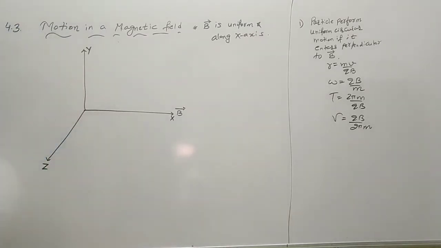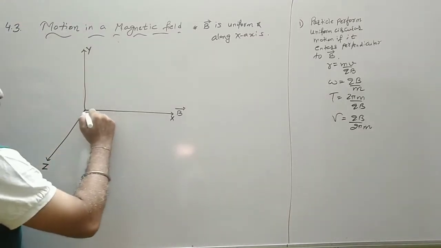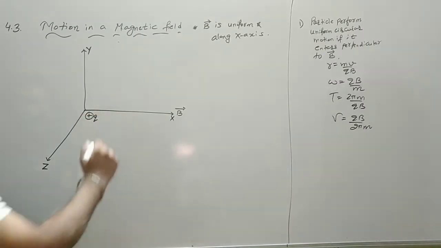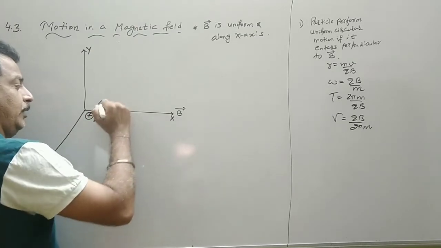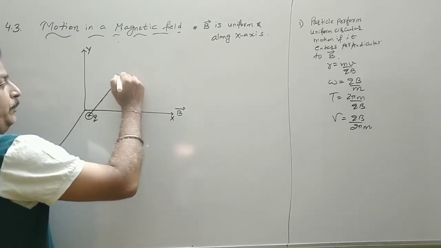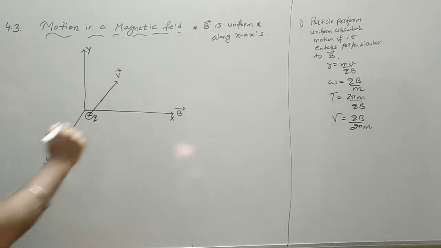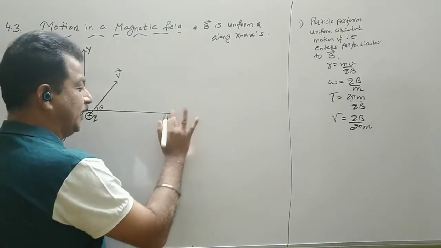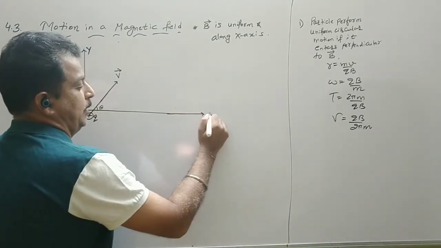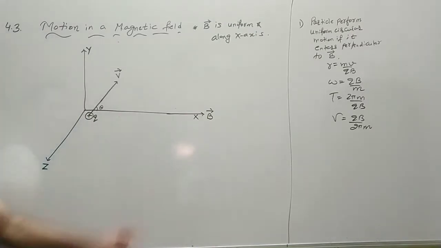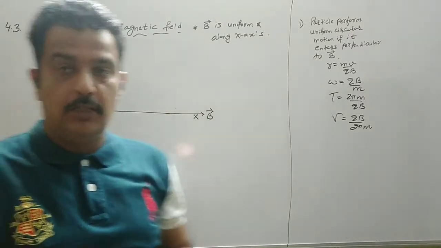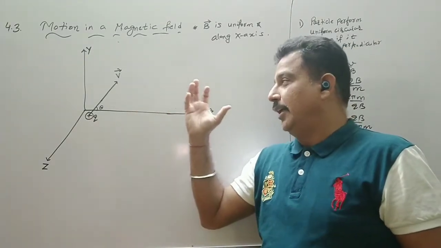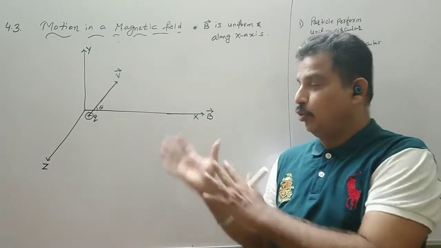Now let us assume that a charged particle, say a positive charged particle Q, enters the magnetic field with a velocity v making an angle theta. So the magnetic field is one dimensional but the velocity is in the xy plane, that is two-dimensional.